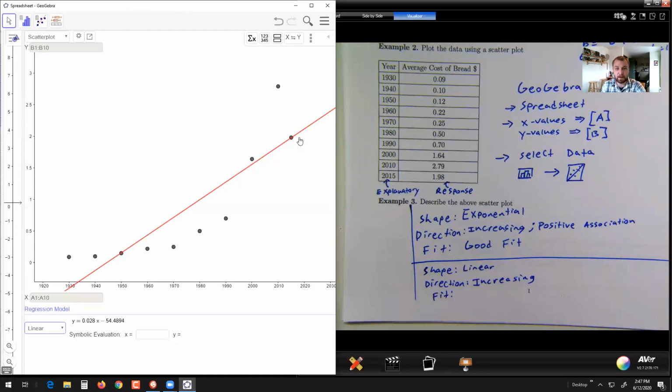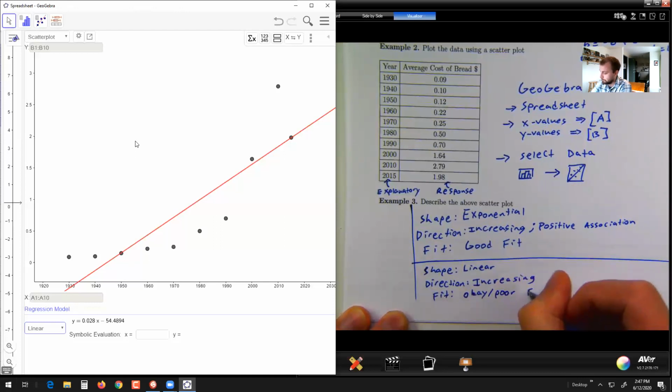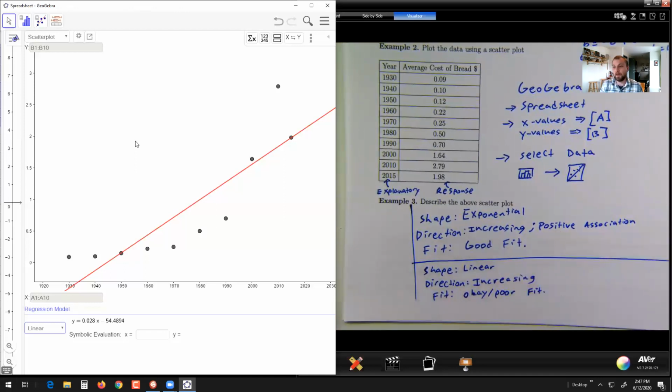I see some spots that it goes through perfectly, cool, but otherwise I've got several things that are kind of too low or too high. So I would say this is an okay, maybe poor fit. I'm hoping there becomes a numeric way of measuring if something is a good fit or not a good fit. But let's just do one more example where we talk about shape, direction, and fit.